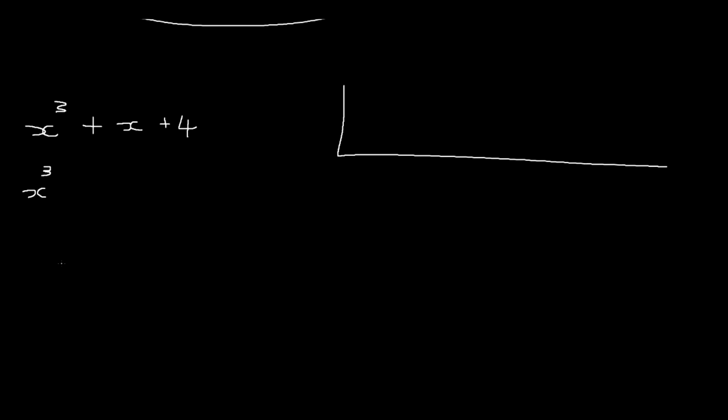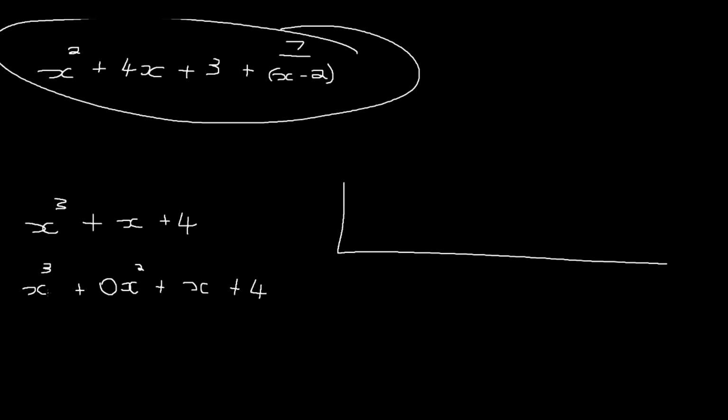If the x squared is missing, I'm going to simply rewrite my equation like this: 0 multiply x squared plus x plus 4. Because remember, anything multiplied by 0 is 0. So now when I do my synthetic division, I'm going to still use my coefficients. So now it's going to be 1, 0, 1, 4. And then I'm going to use the possible zeros.